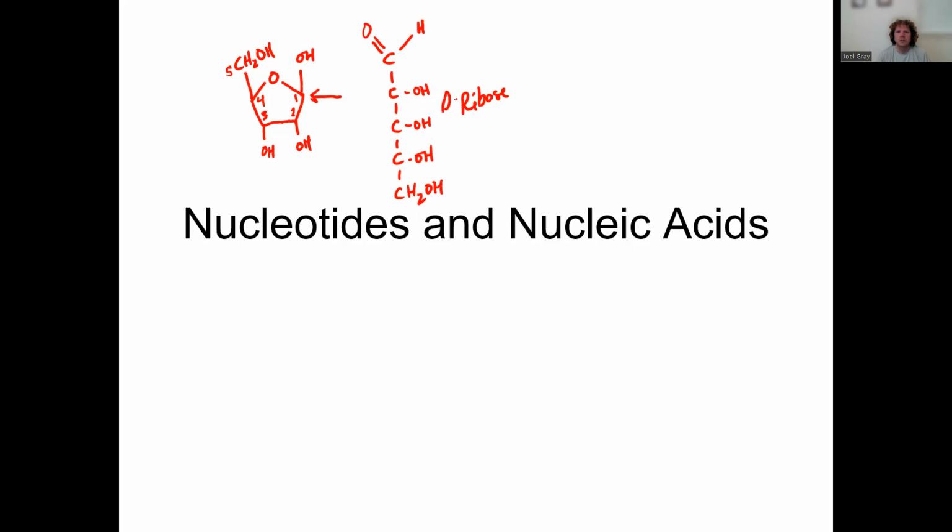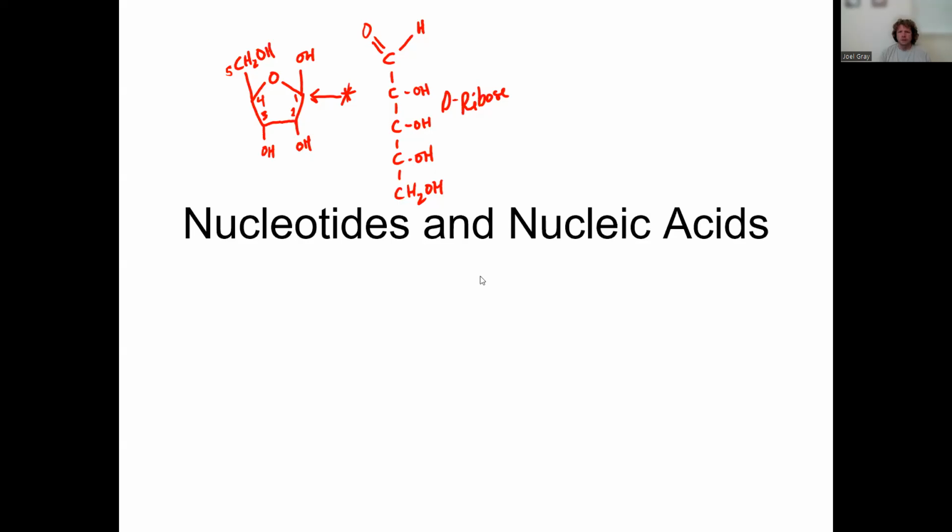Specifically, this is D-ribose. Now, I have cyclized this. My hydroxide group is pointing upwards on my anomeric carbon, carbon number 1. It's an anomeric carbon because it is a new chiral center. It's pointed upwards.